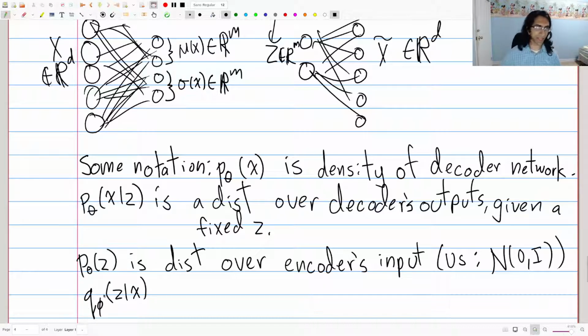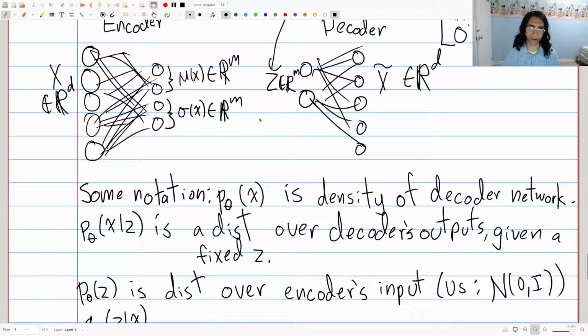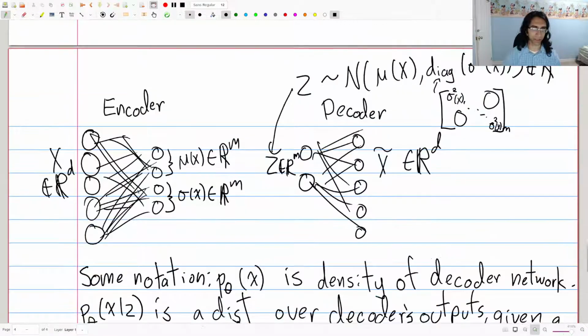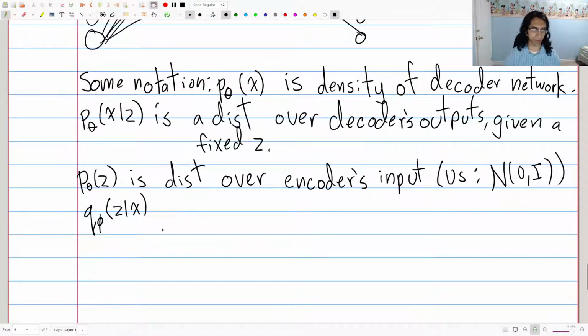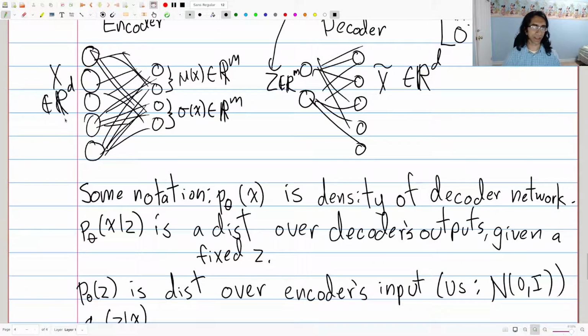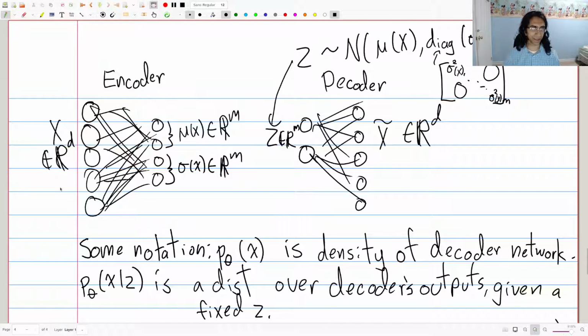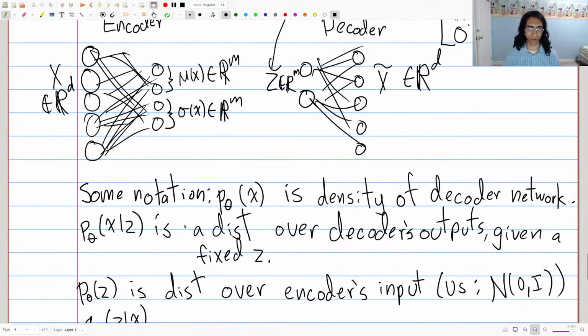This is the decoder's distribution over these latent vectors, given a particular value of X. Essentially, this distribution is what you get if you feed in an X through this network, and then you sample according to this sampling process. That's exactly what Q is.